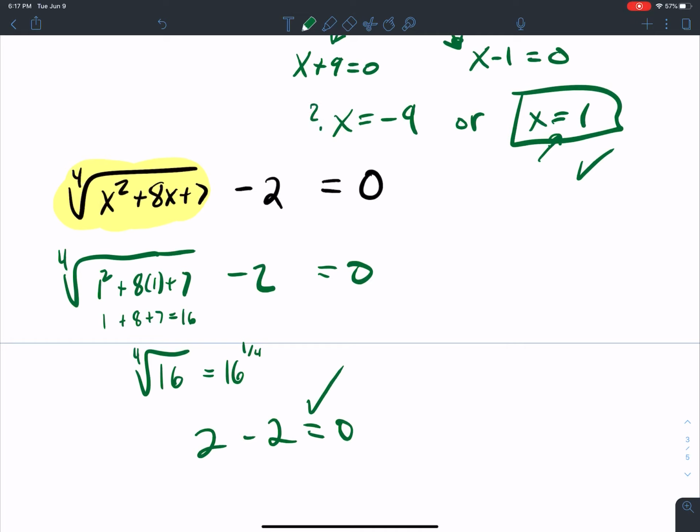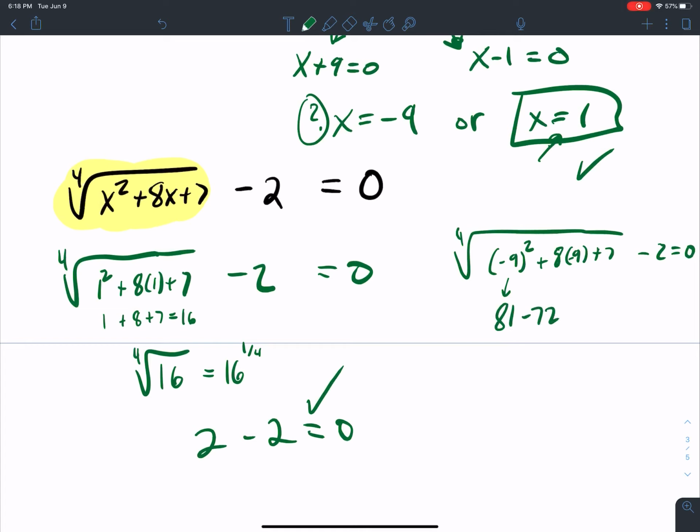Now what about -9? Maybe it works, maybe it doesn't. Let's plug it in. Fourth root of -9 squared plus 8 times -9 plus 7, minus 2, equal to 0. -9 squared is 81, and then minus 72 plus 7.